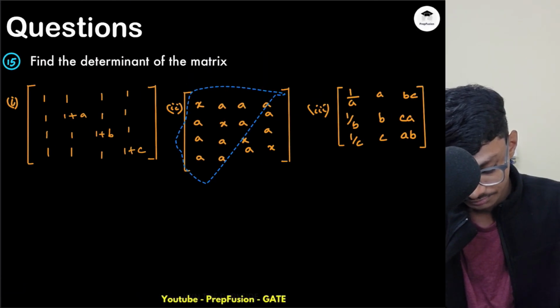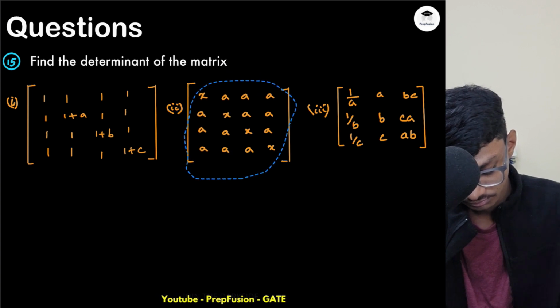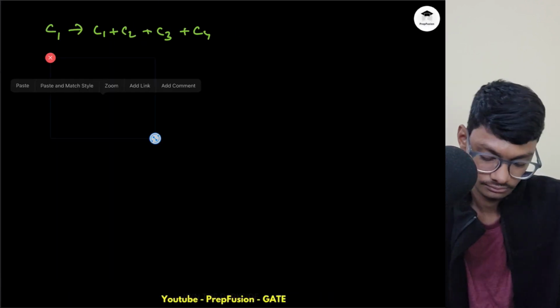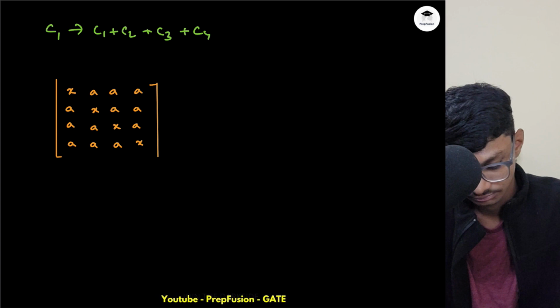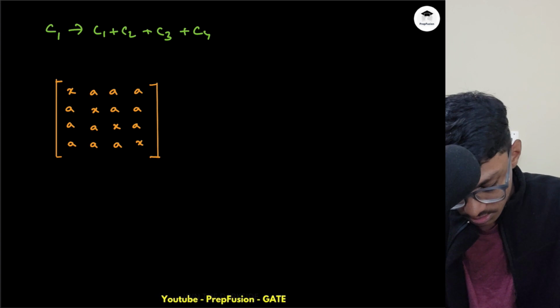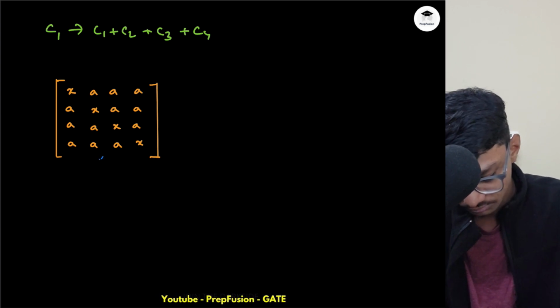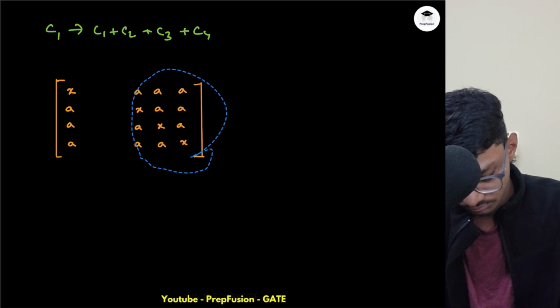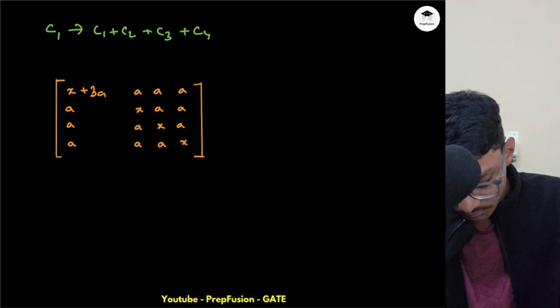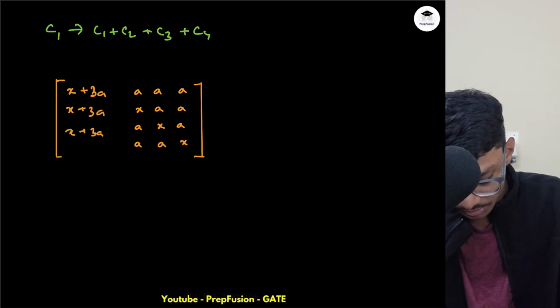Let me copy this. So basically this will be x plus 3a, and all of them will also be x plus 3a, and I'm computing the determinant, not talking about the matrices.